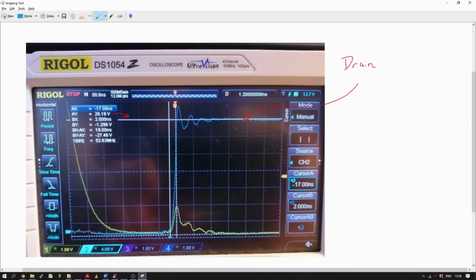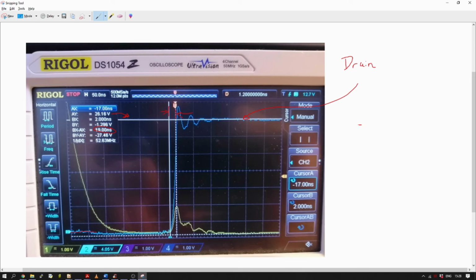And you can see here I've also measured the delta T. So this is how fast it's turning on, approximately. You can see it's not particularly linear, but we can assume it is during that point. And we can see that the time difference there is 19 nanoseconds.